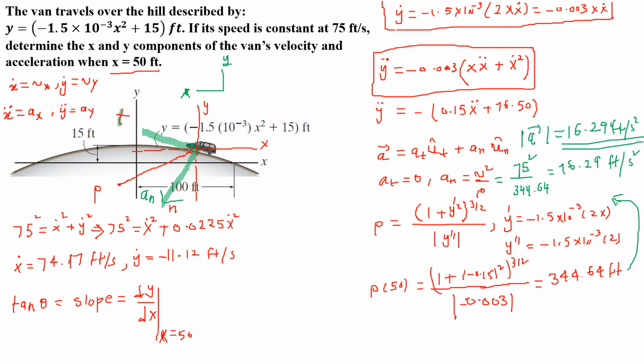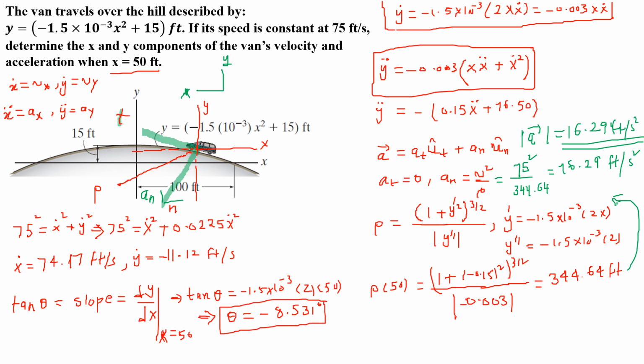So tan theta equals negative 1.5 times 10 to the power minus 3, times 2, times 50. Then I take the inverse to find theta, which I found to be negative 8.531 degrees.